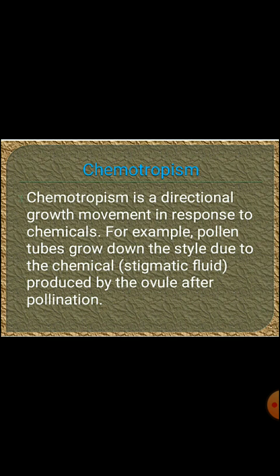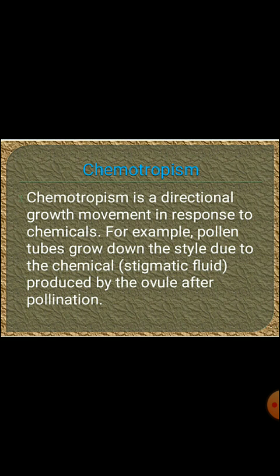For example, the pollen tube grows down the style due to the chemical, the stigmatic fluid, produced after pollination. Means during the process of reproduction, the movement of the pollen tube which is germinating from the pollen grain in the direction of the ovary is caused with the help of chemotropism. Means there are certain chemicals known as stigmatic fluid which attract the pollen tube towards itself.